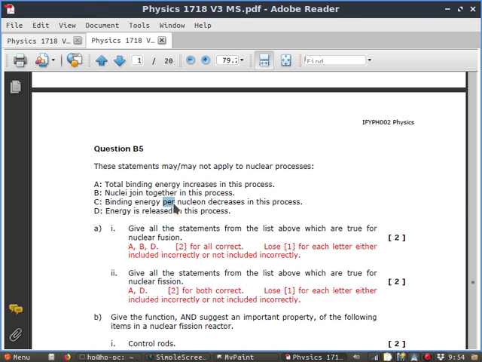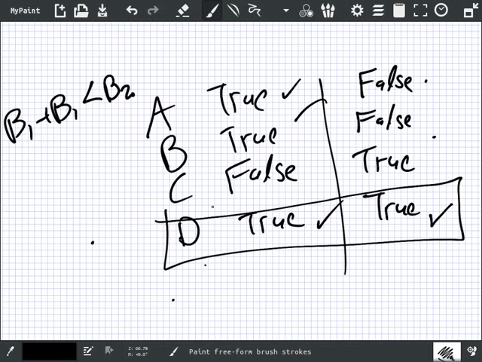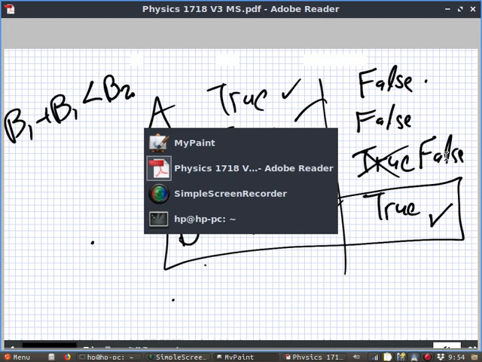Binding energy per nucleon decreases. They said this is false. Should have been false.